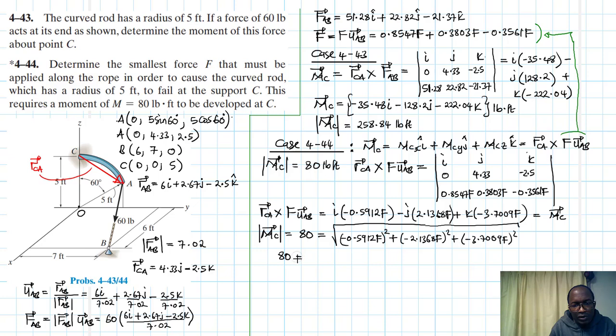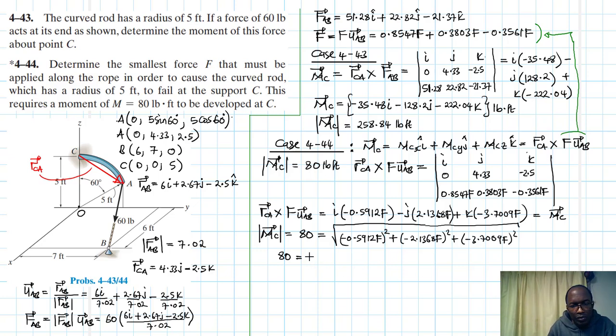So 80 therefore is just going to be equal to, let's square this, 0.5912 squared plus 2.1368 squared plus 3.7009 squared. All right, and then square root of this. There we go.